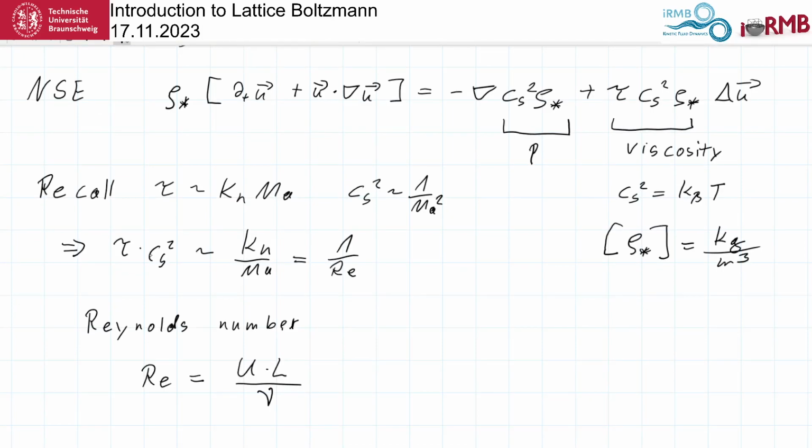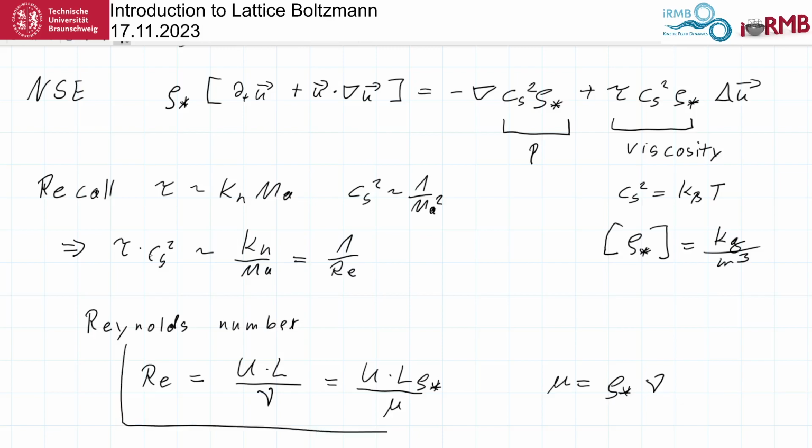The alternative is to write it as the velocity times the density divided by mu, because mu is the dynamic viscosity and this is rho asterisk times nu. So there's no difference between the two.